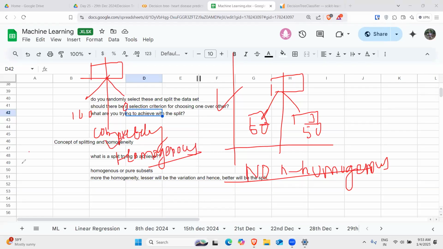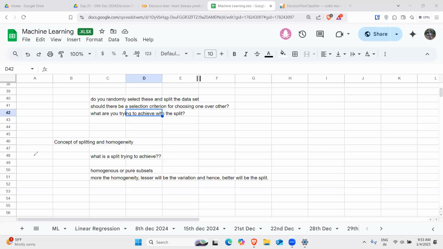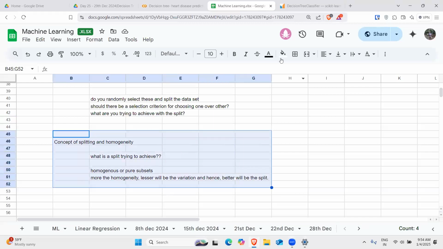So that is your definition of homogeneity. Is it clear, guys? What do you mean by homogeneity? Do you have any questions on this concept of splitting and homogeneity till this point? Anybody have any questions?